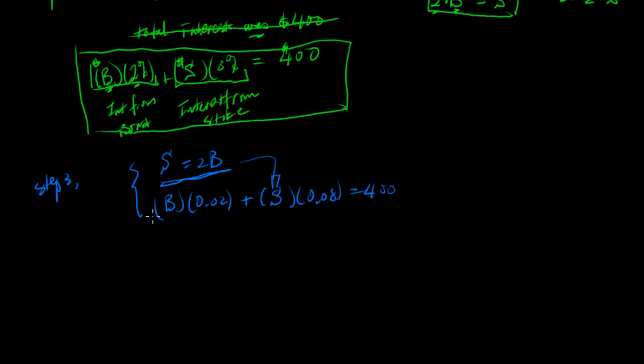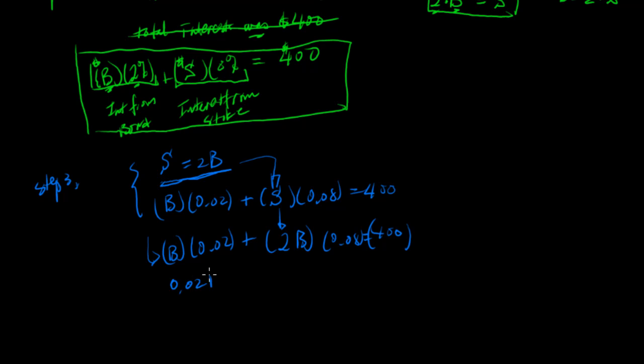So the second equation becomes B times 0.02 plus 2B times 0.08 is equal to 400. Let's clean this up a little bit. So I have 0.02B plus 0.16B is equal to 400. All I did is multiply all this together: 2 times 0.08 is 0.16.